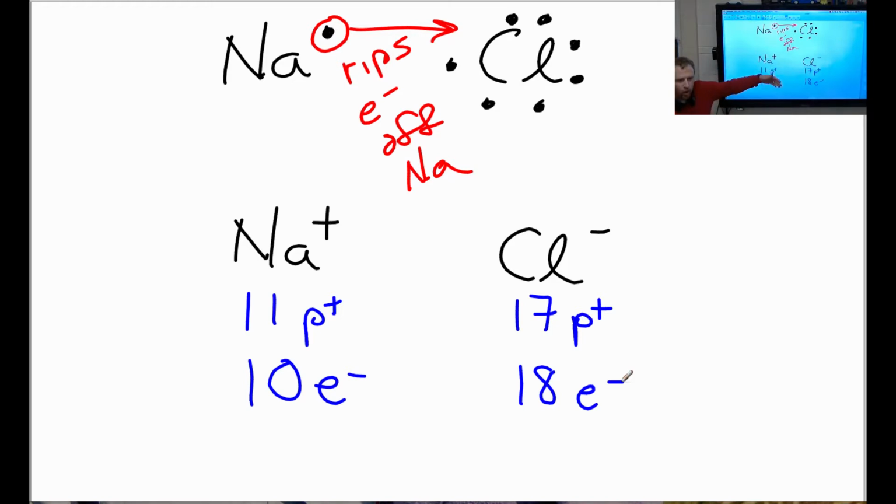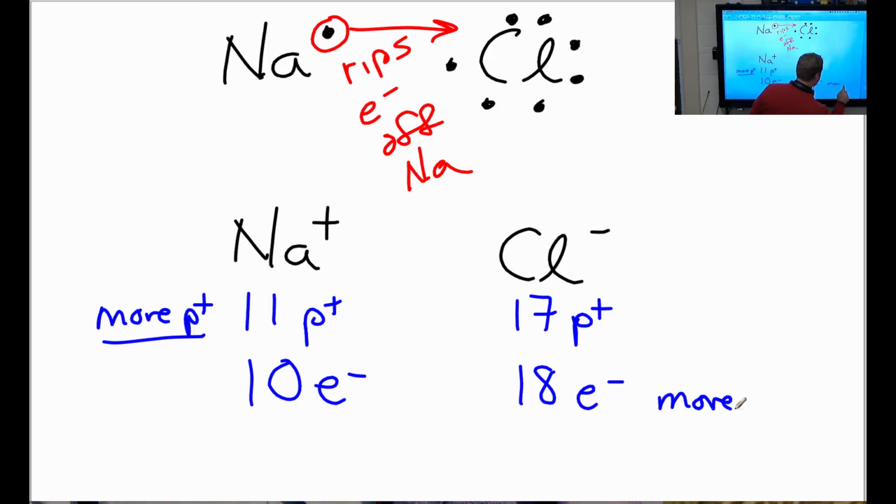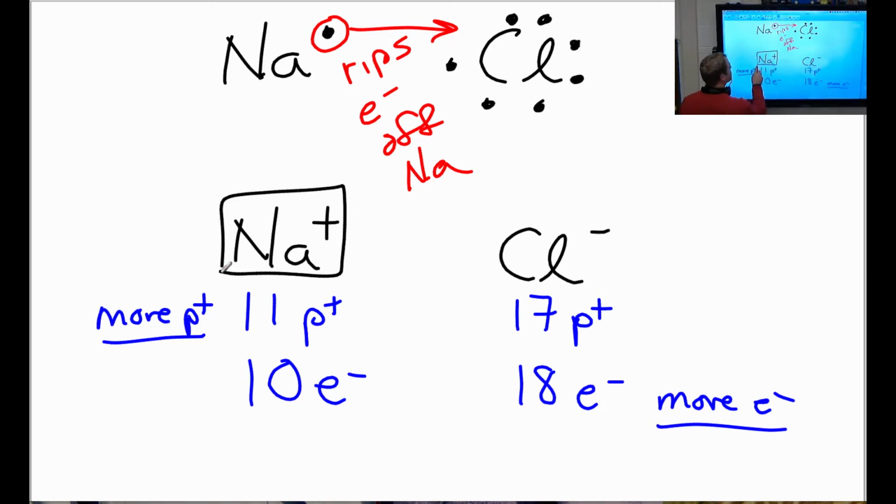There's now no longer a balance here. There's more protons here. There's more electrons here. So this is more positive, this is more negative, and as such, we end up with these 2 ions, a sodium ion and a chloride ion.